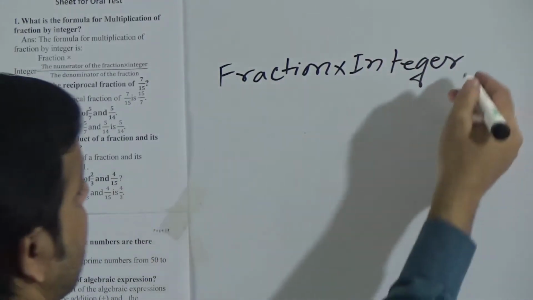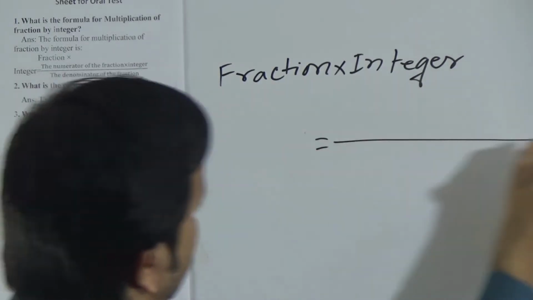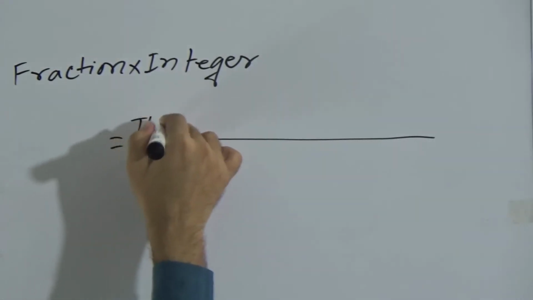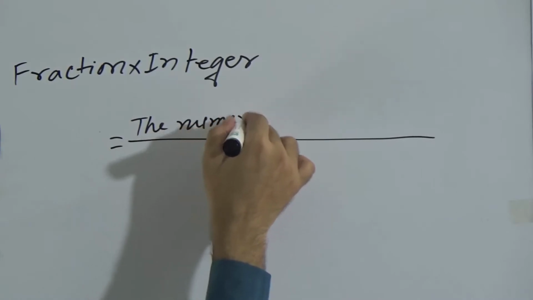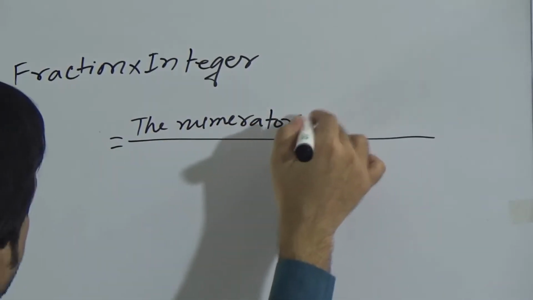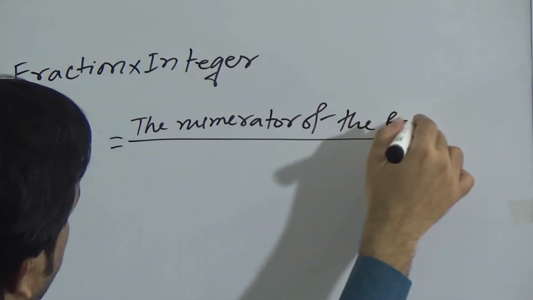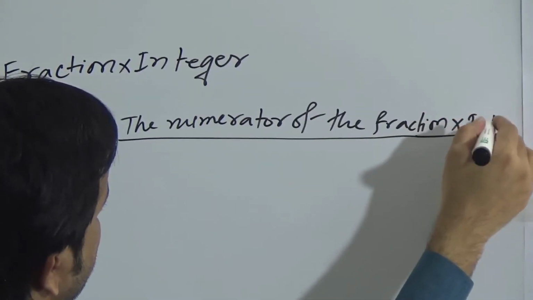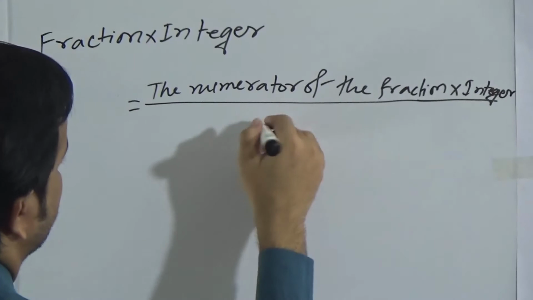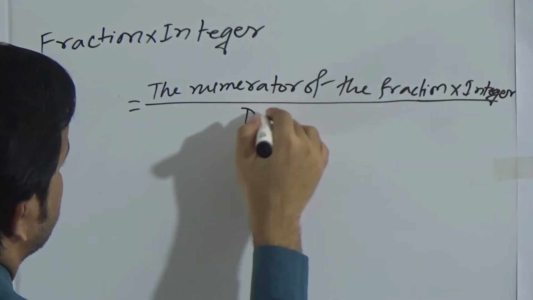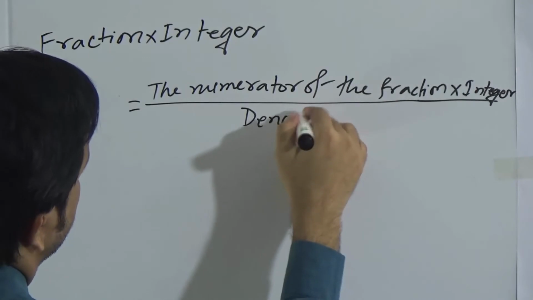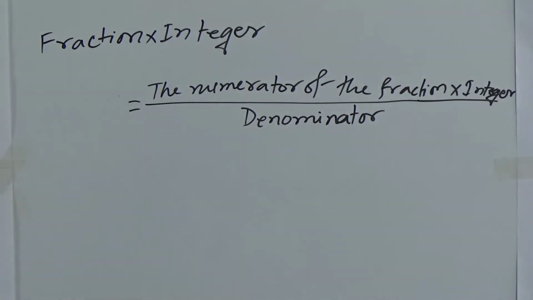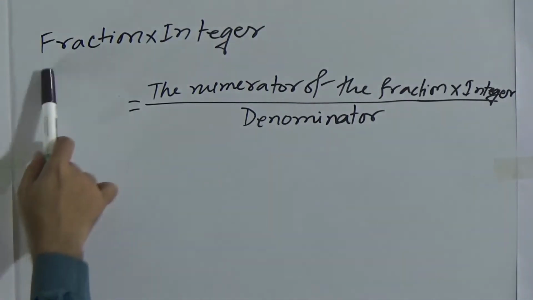To multiply a fraction by an integer, we have to multiply the numerator of the fraction by the integer, and we write only the denominator. This is the formula for multiplying a fraction by an integer.